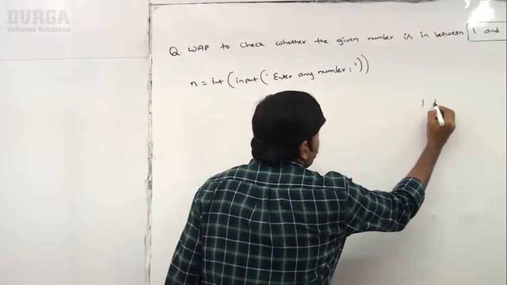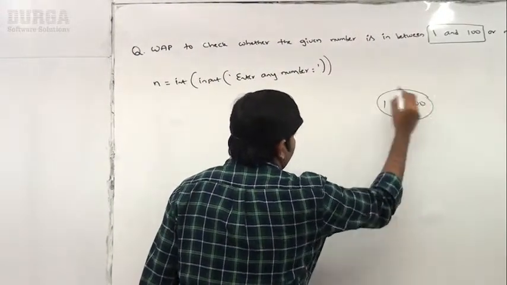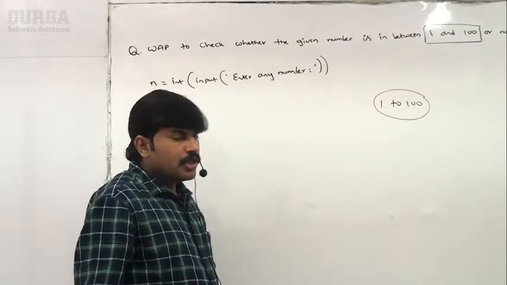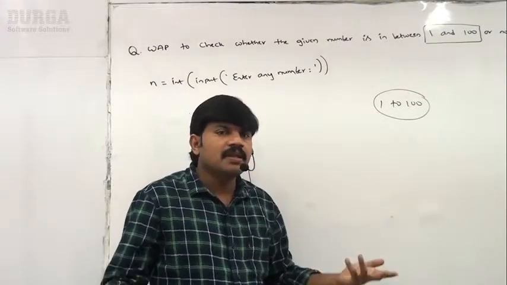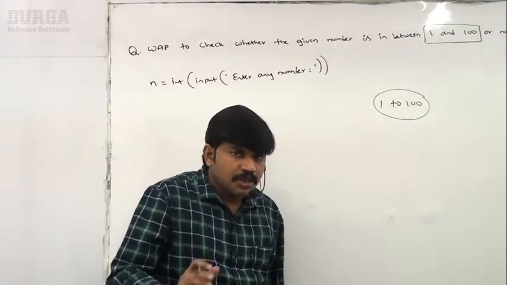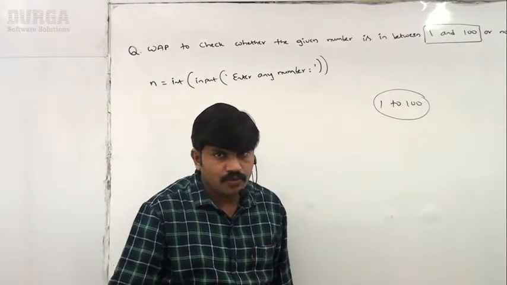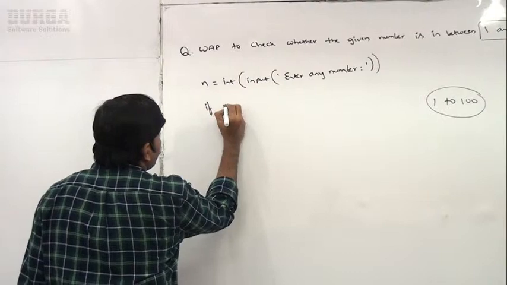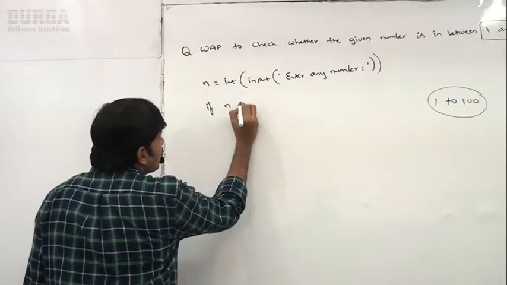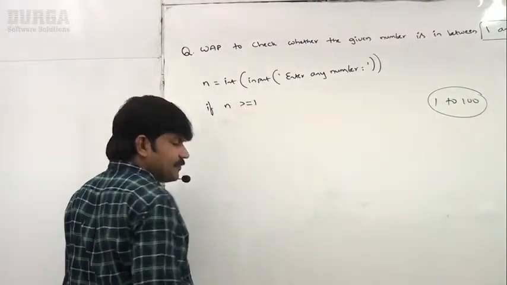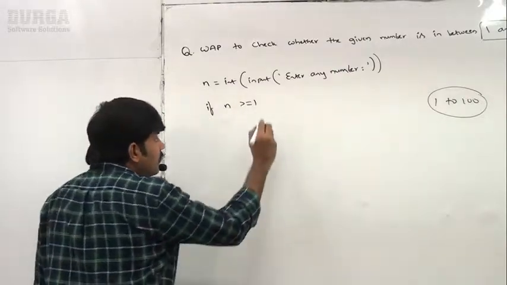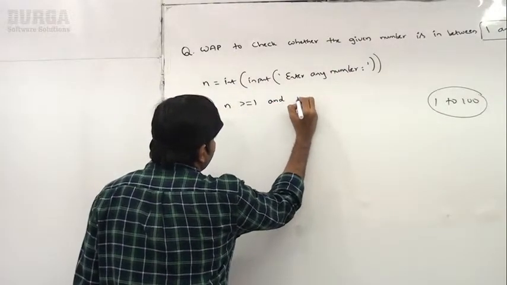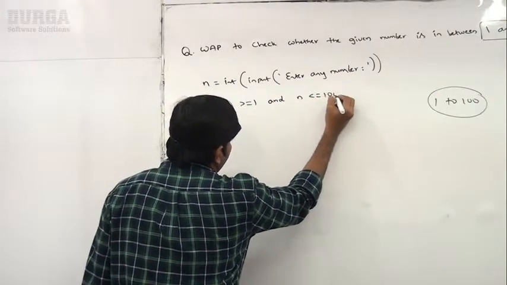If it is within this range, then it is in between 1 and 100 only. So if n greater than or equal to 1, sir, and n less than or equal to 100.